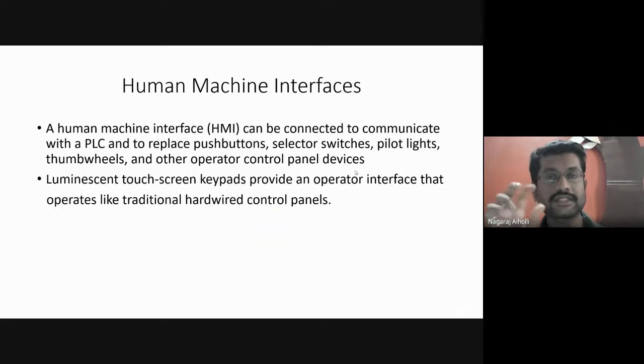Just by operating the touch screen, you will be able to control the various switches or the various output devices and indicators. One example is your ATM machine. An ATM machine is just like a human machine interface. When you press a certain icon on the touch screen of your ATM, that gets operated.